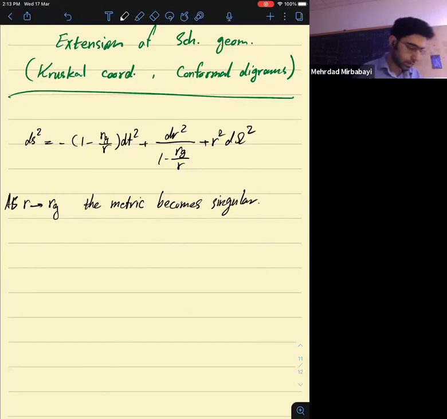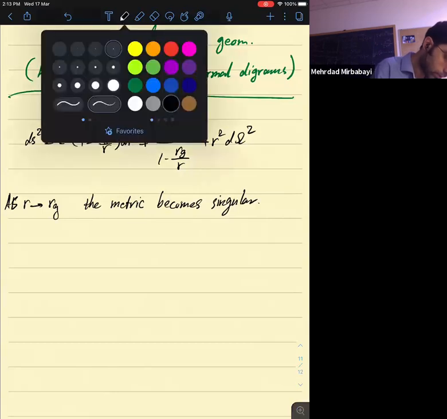I claimed yesterday that this is a coordinate singularity, so we can go beyond that. Now let us first do an exercise using the geodesic equation to at least get some idea about the nature of this singularity.